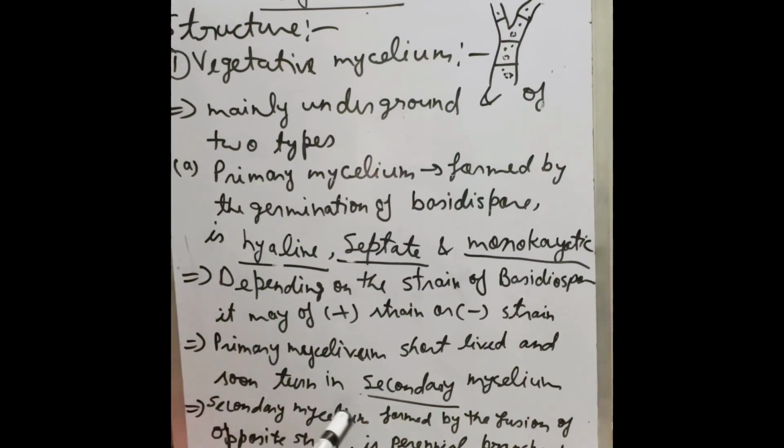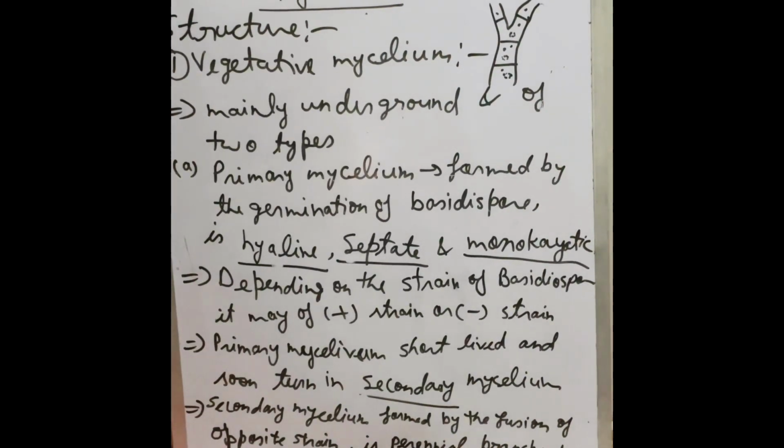The secondary mycelium formed by the fusion of opposite strains will be perennial, branched and septate.